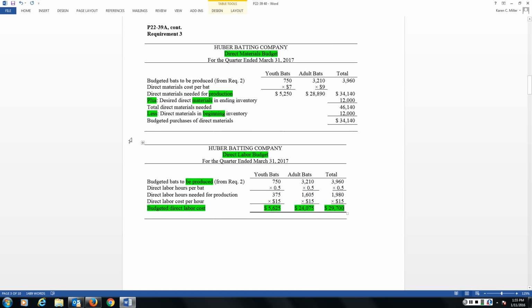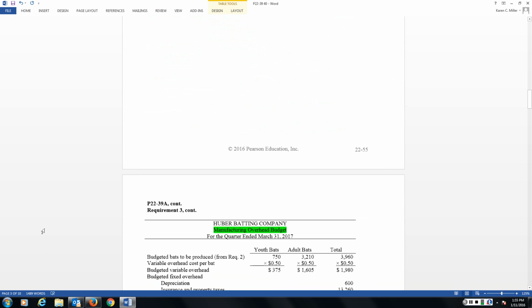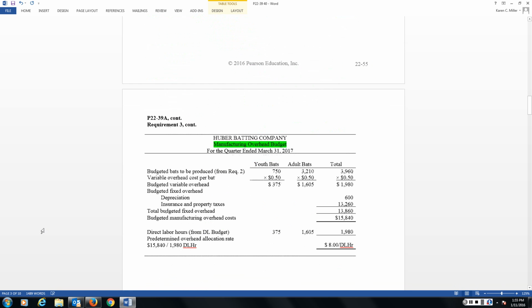We've got labor cost, I have budgeted direct materials cost, and now I need my manufacturing overhead to know the cost of the inventory that I am going to produce in this particular quarter. Manufacturing overhead is allocated based on the number of bats that we're going to produce, once again from my production budget. And your text told us that the variable overhead costs per bat were 50 cents per bat.